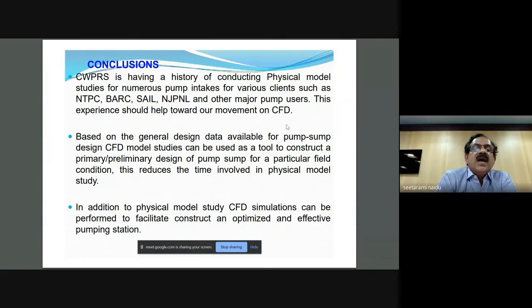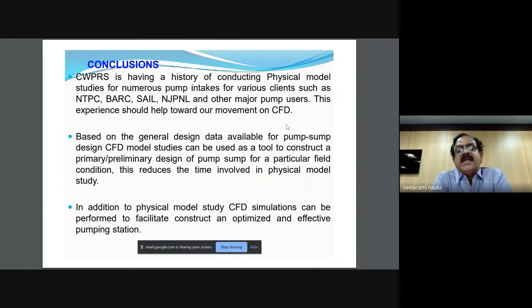This experience should help our movement on CFD. CFD should help the fraternity in a big way, especially as academicians have also joined in a big way in this field. I think this avenue is open for many academicians to have their own research work.